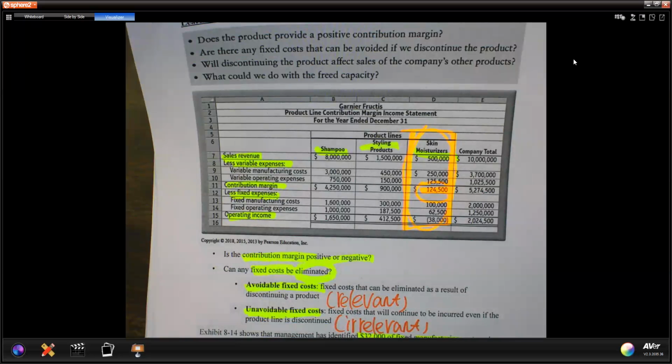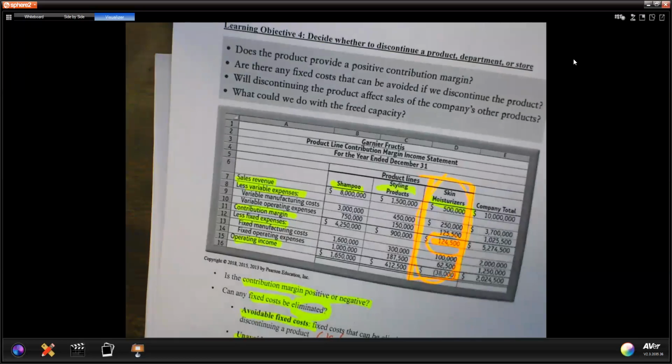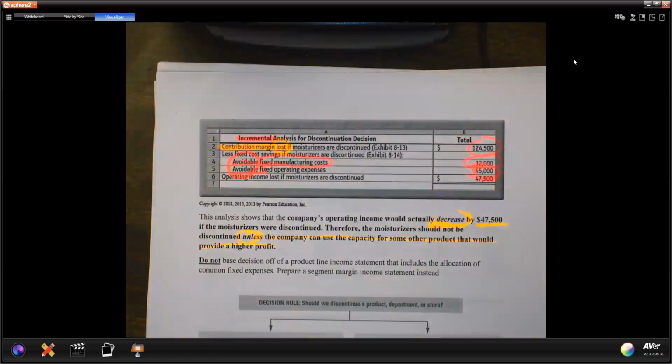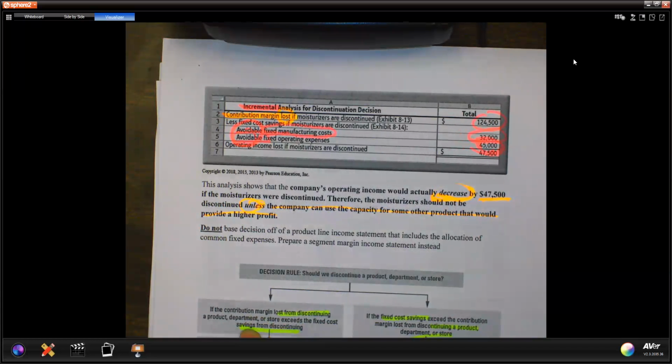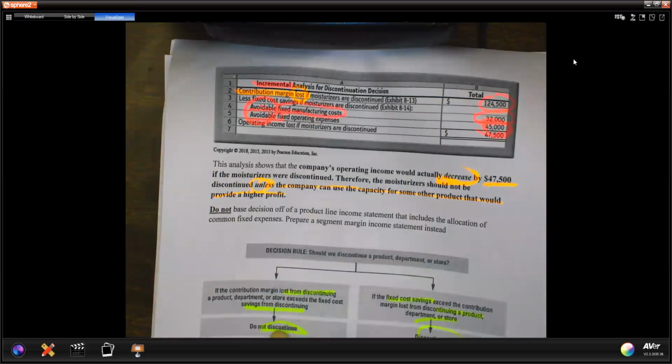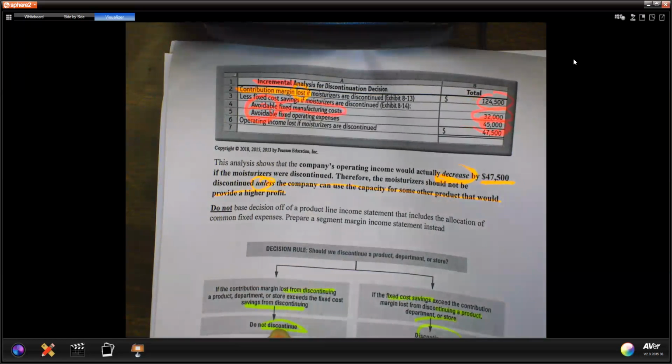That's the reason we say that will not be relevant. Some examples: if the contribution margin lost is more than the money saved, then we shouldn't discontinue it, right? Because you will lose more.